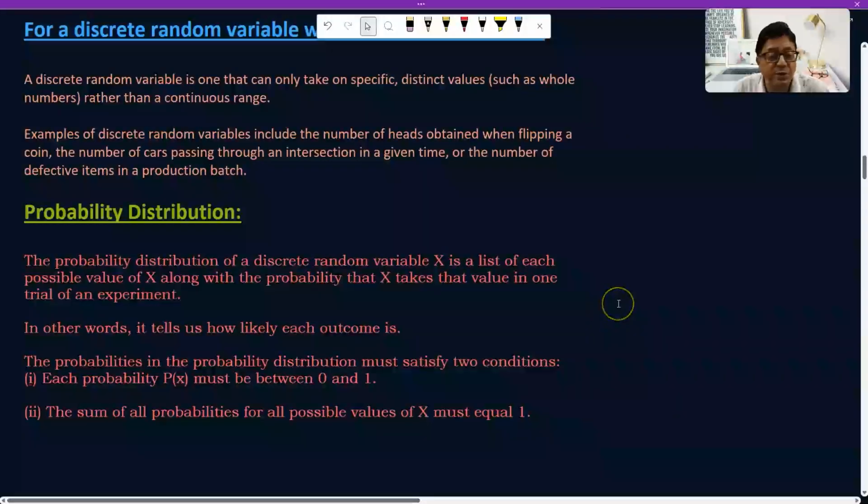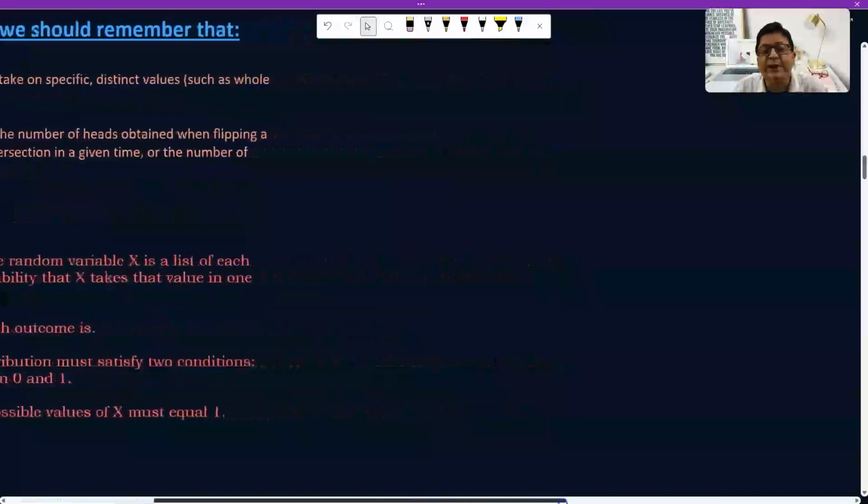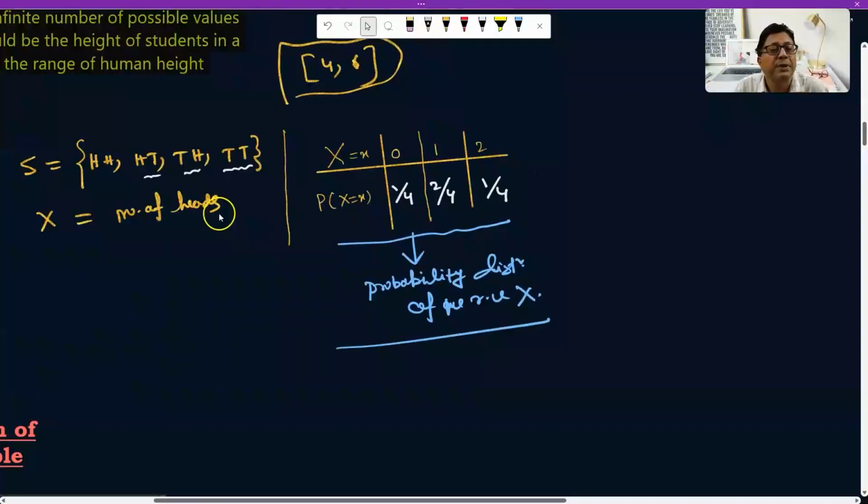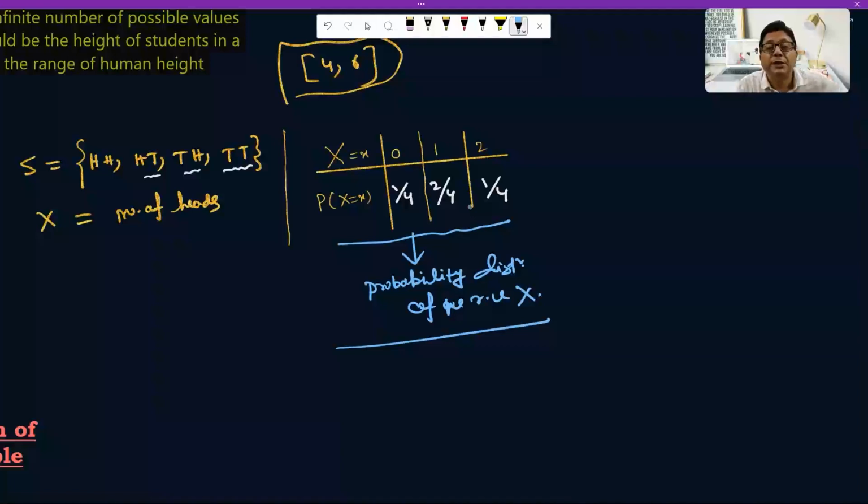I explained the probability distribution of a random variable with a simple example. But have you noticed one thing? In that example, the probability of every event is greater than or equal to 0. Equal to 0 I haven't got here. But as per the definition of probability, these probabilities are always non-negative. This you should remember.